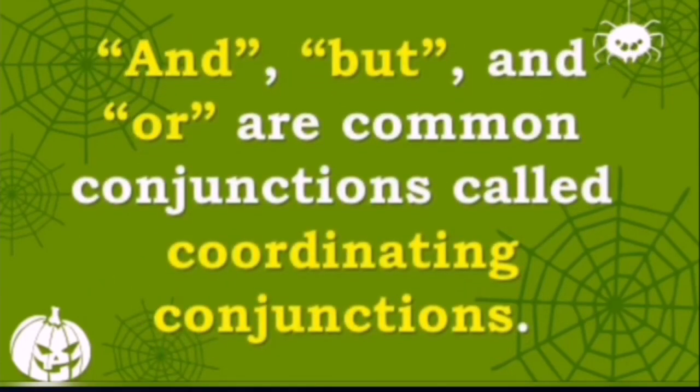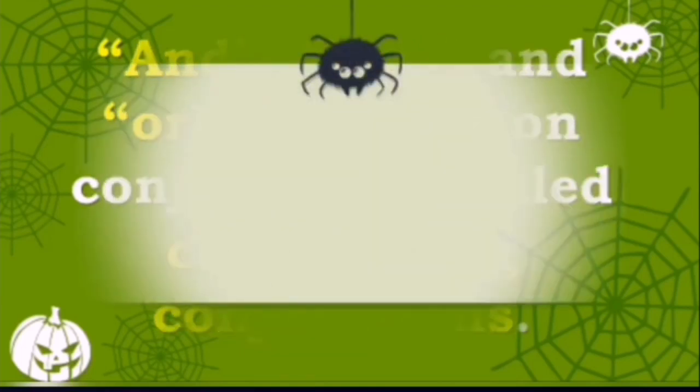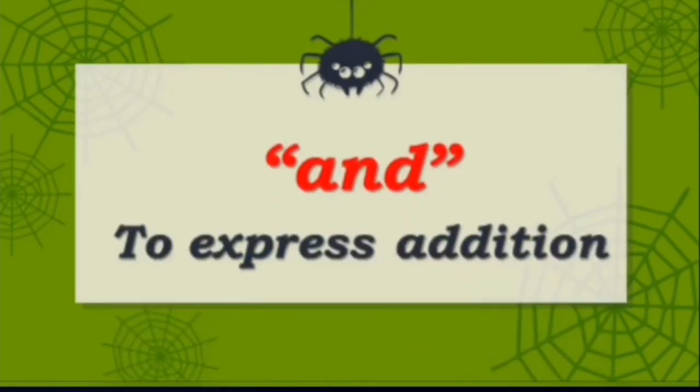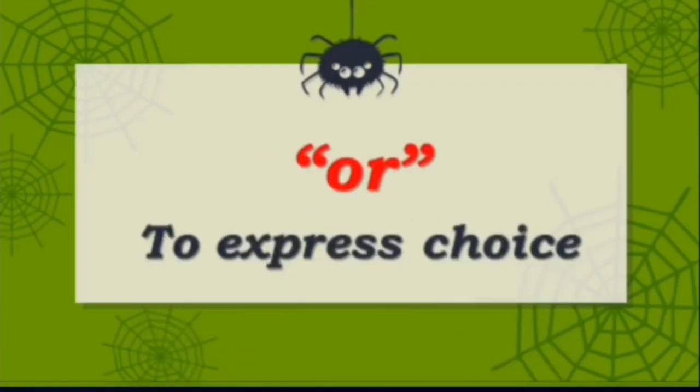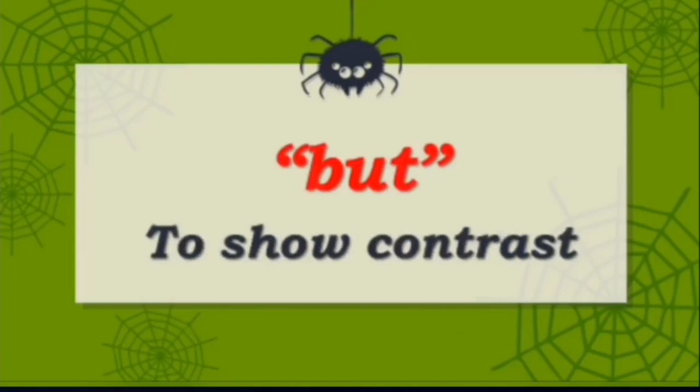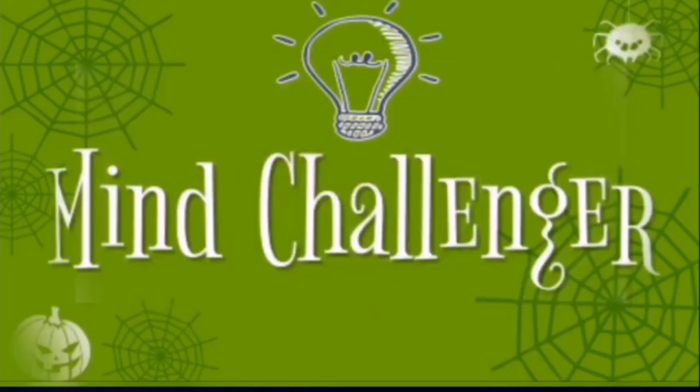And, but, and or are common conjunctions called coordinating conjunctions. We use and to express addition. We use or to express choice. And we use but to show contrast.